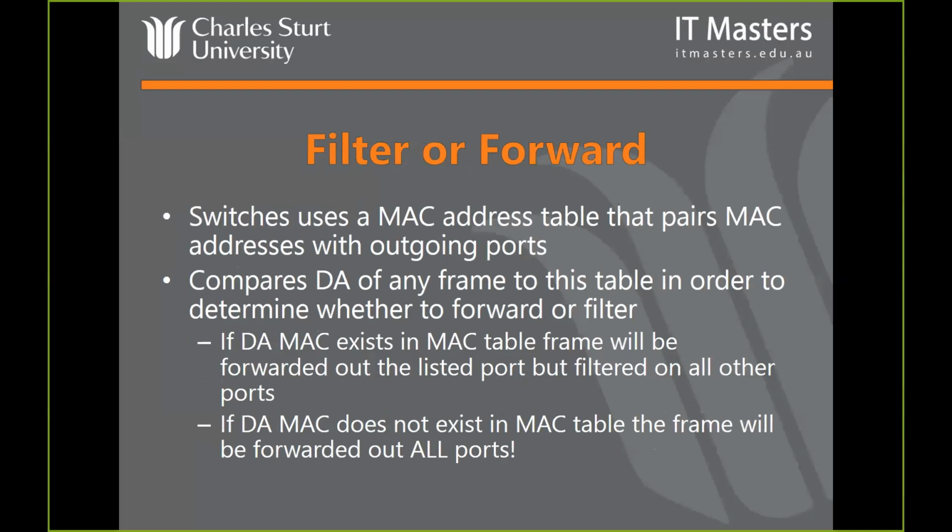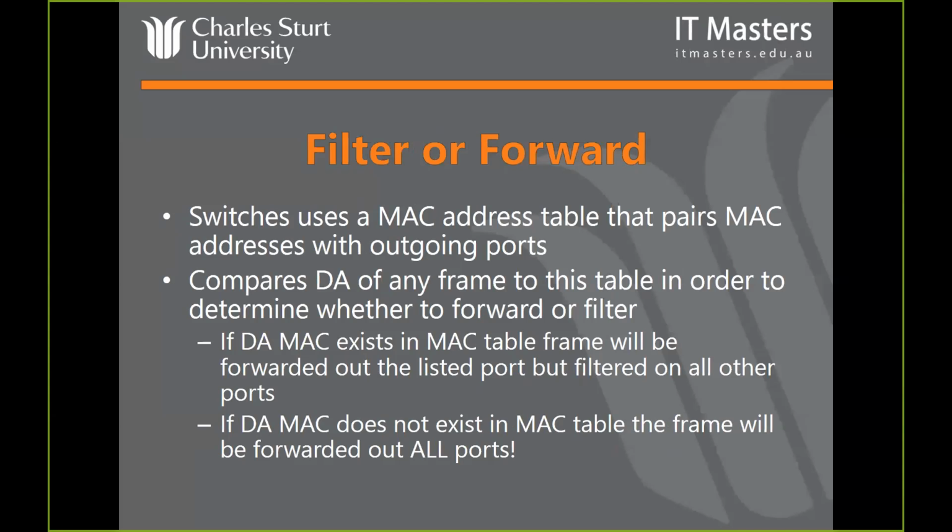So it looks at where the frame has come from, not where it's going to. Because if you turn a switch on for the first time or you reboot a switch, it has no knowledge of any MAC address. There is no MAC address table. The only way it can determine which MAC addresses come through which port is by looking at the source address. If it only looked at the destination address, it wouldn't know where to send anything.